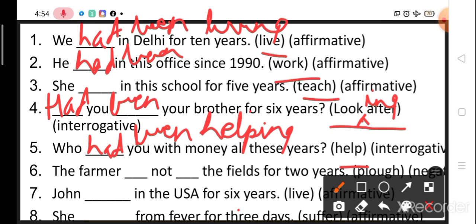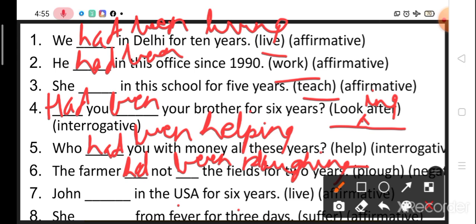The farmer had not been plowing the field for 2 years.